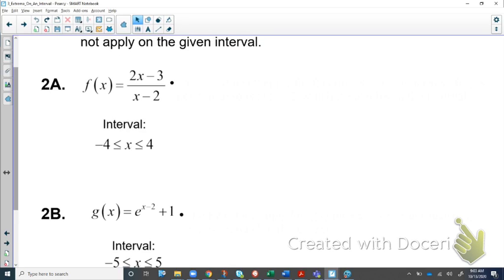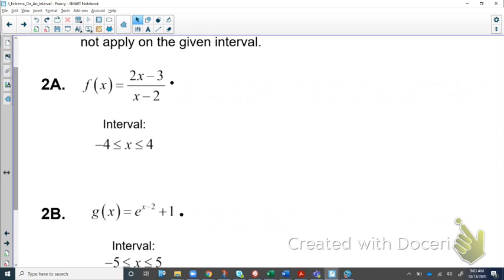Now, in earlier lessons, when we were talking about continuity, in order to justify whether something was continuous, because that's what the question was asking, you had to be able to show continuity for something. You had to justify that continuity existed by showing that the limit existed and it was defined at that same point.